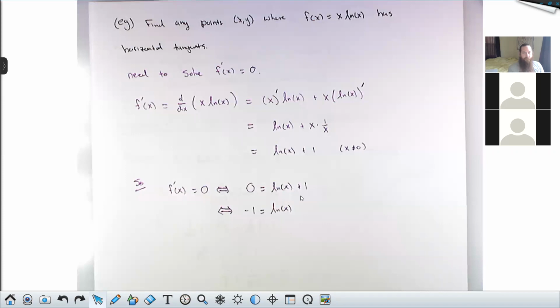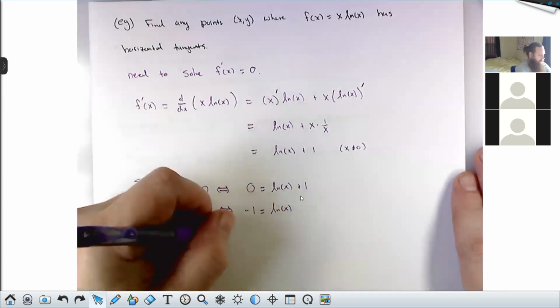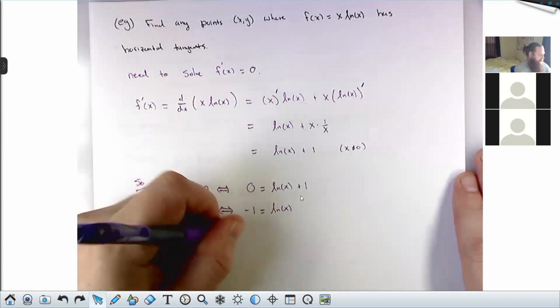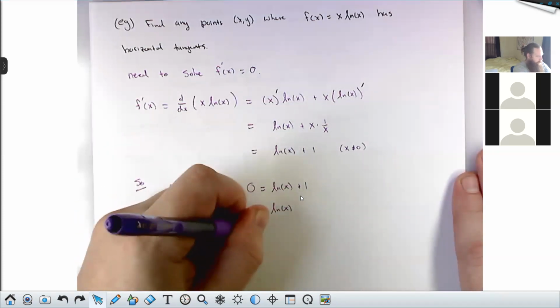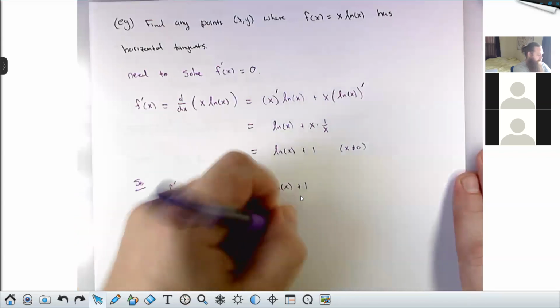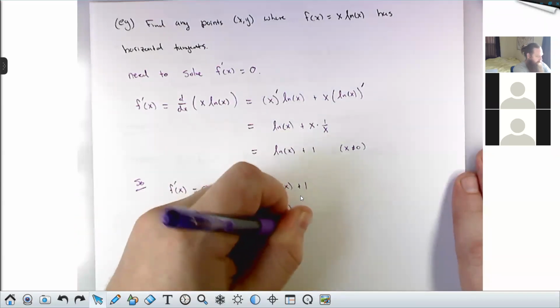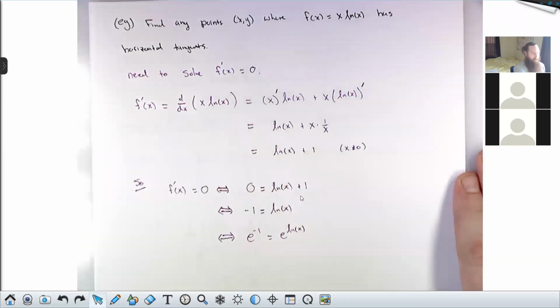Yes, raise both sides up. The word I like to use is exponentiate. We stick both sides in the power of e. This step here is called exponentiating.